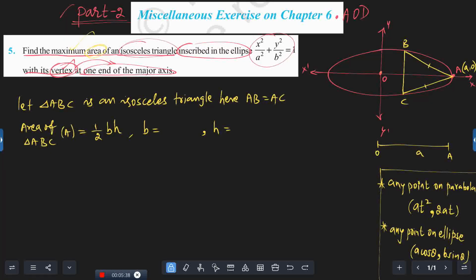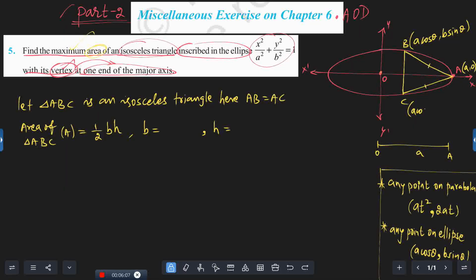Suppose a question has a parabola, you can use the parabola form, surely not an issue. So this B point is on the ellipse only, so (a cos theta, b sin theta) will be the B point. Then what about the C point?